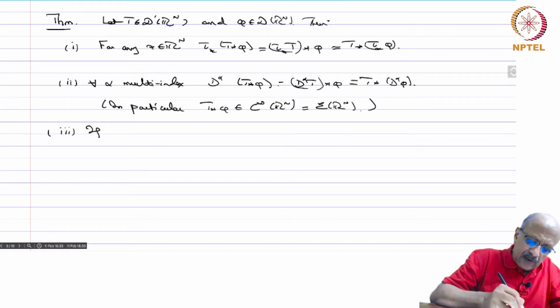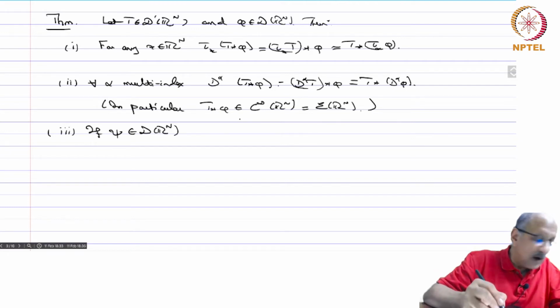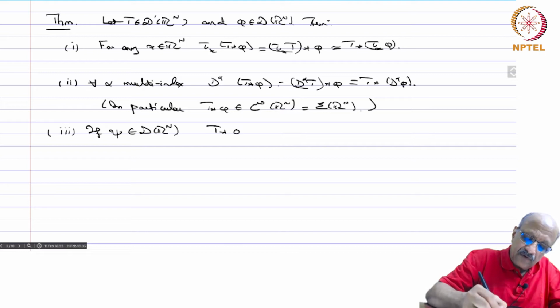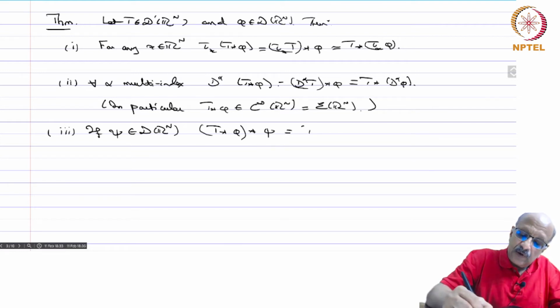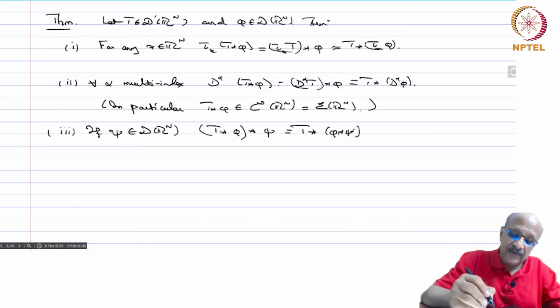if psi is also in D of Rn, then you have (T star phi) star psi is equal to T star (phi star psi). Okay, let us check that this has a meaning.